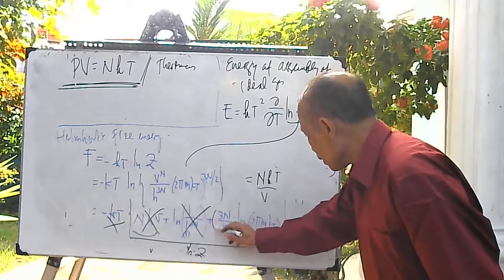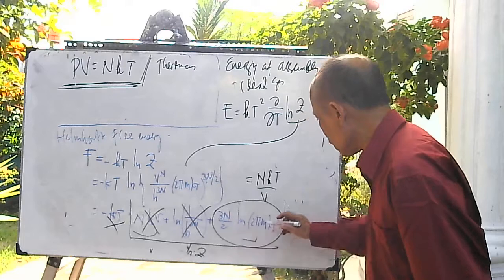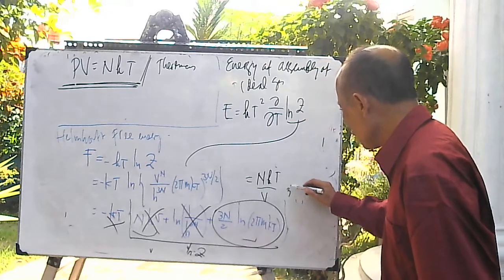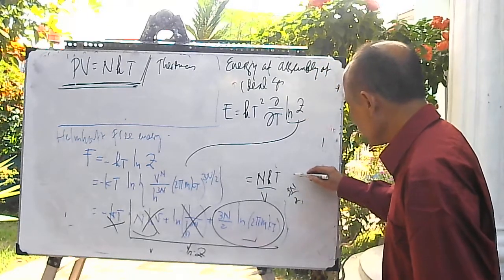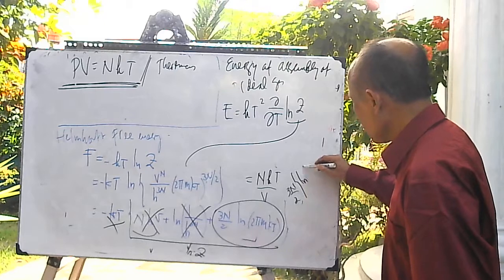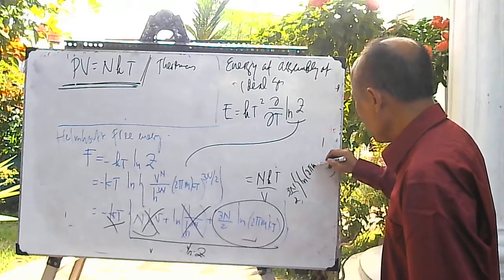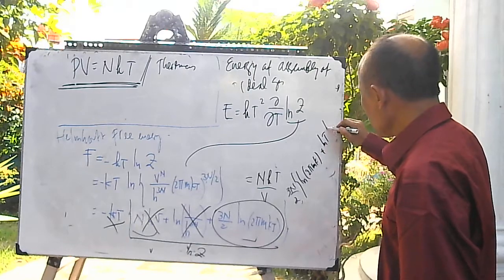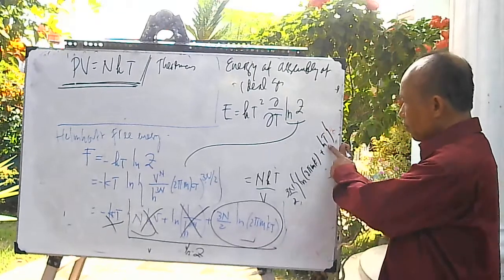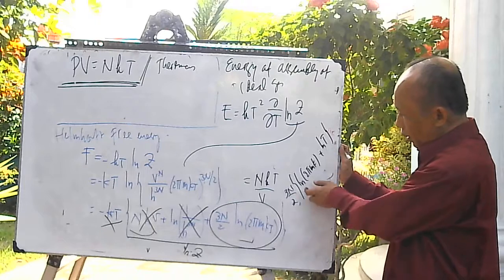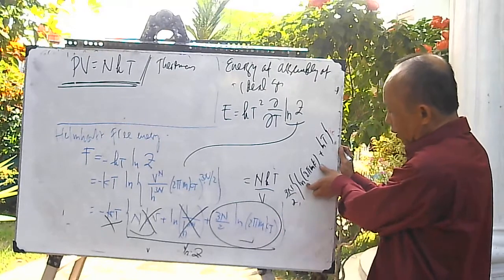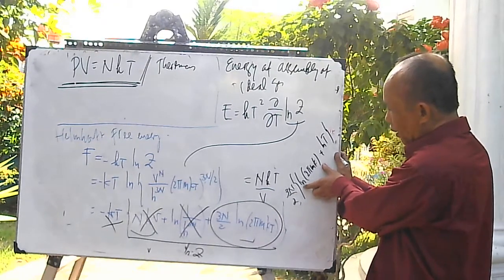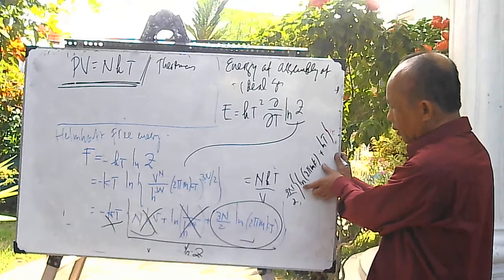Now we can separate this expression to become 3n over 2, and then ln 3 pmk plus ln T. So I separated the temperature ln, and the constant is a group. We group the constant in one term.